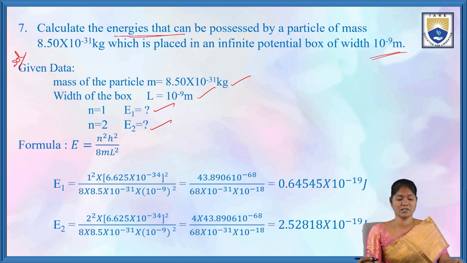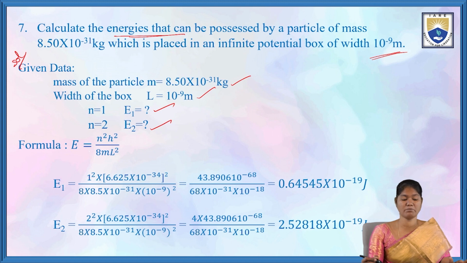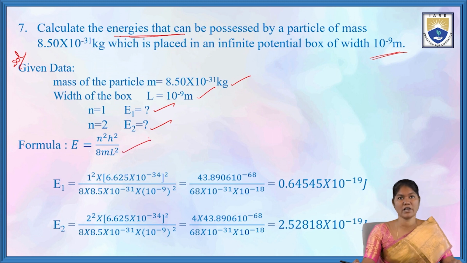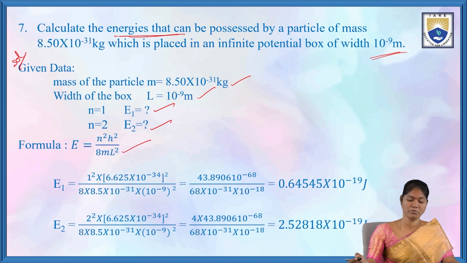Here, they didn't mention at which energy level we need to calculate, but overall they asked to calculate the energies. So I'm taking two energies, at n is equal to 1 and at n is equal to 2, so E1 and E2. The formula is E equals n square h square by 8m L square.